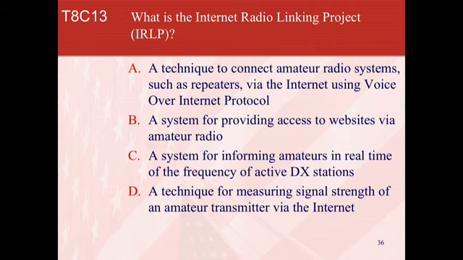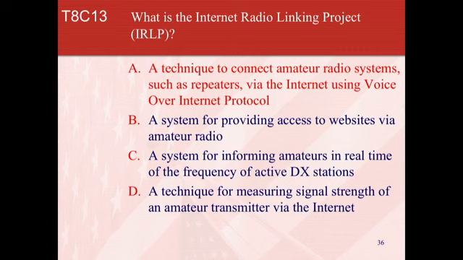What is the Internet Radio Linking Project, IRLP? So that's the use of the internet to connect radio systems, such as repeaters, using voice over internet protocol. So Echolink, modes like that use applications on the internet to gain access to an analog repeater.